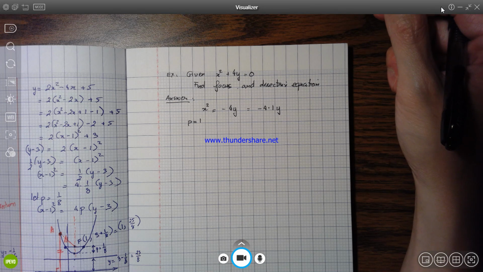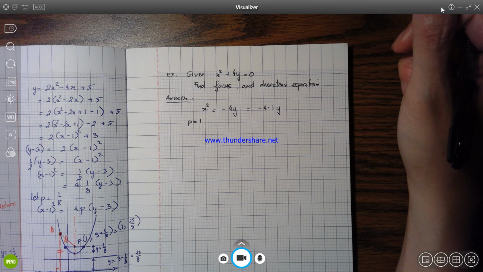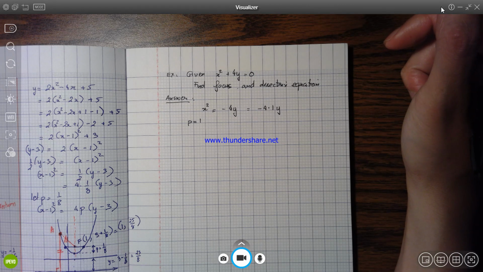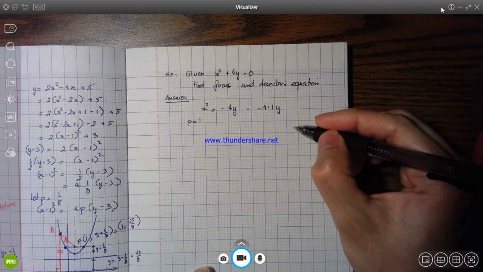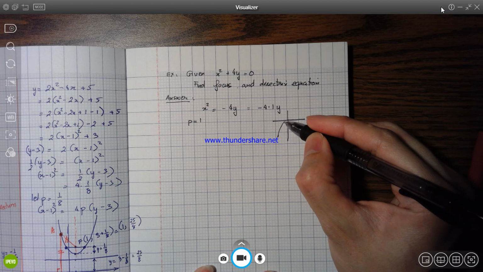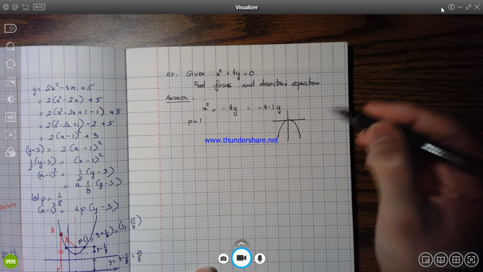We know right away this is upside down because it's negative. Because it's upside down and the vertex is at the origin, the focus will be somewhere right here.